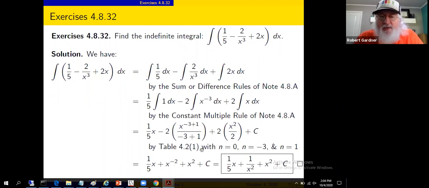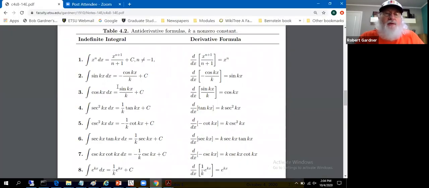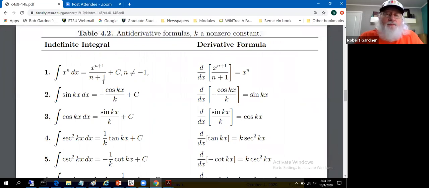And like I said, let's look at table 4.2 and make sure we're doing this right. So we were dealing with powers of x. Table 4.2, part 1 says when dealing with a power of x, simply an x to the n, add 1 to that exponent and divide by that new exponent. Yeah, because when you differentiate, you bring the exponent down as a coefficient and then you subtract 1.